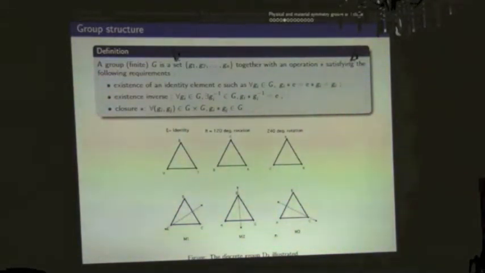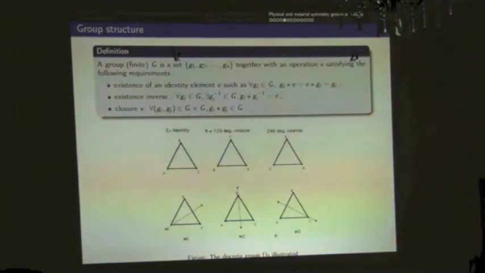So if you consider a finite and discrete group called G, and G will be the name in the following, it is a set of elements with also an operation that allows you to compose those different elements.